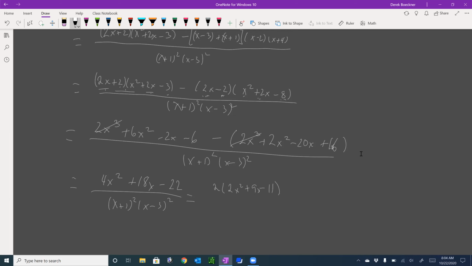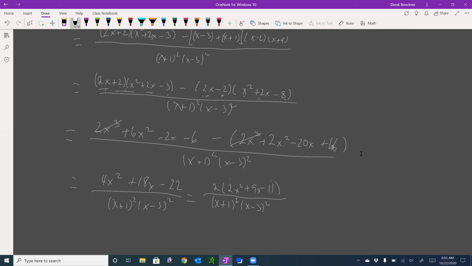Need 2 numbers that multiply to be negative 22 and add up to be positive 9. What are the 2 numbers? Yeah, I'm going to use 11 and 2.